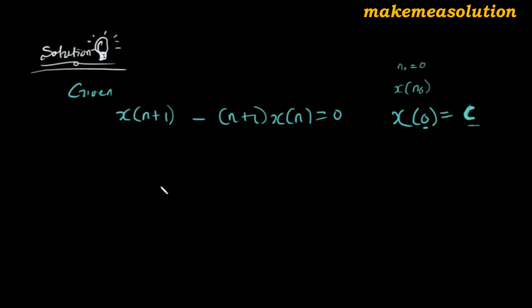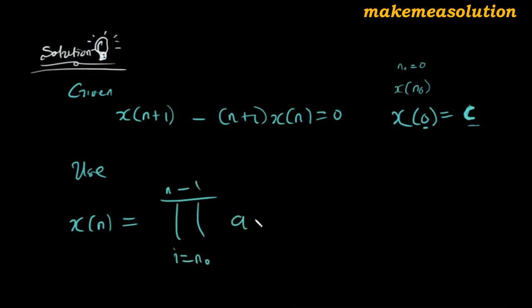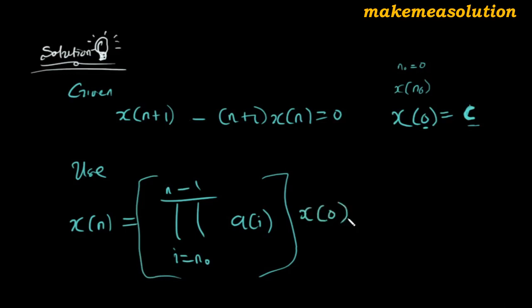So if I have a difference equation like this, I'm going to use my x of n, that's the general solution, is the product from i equal to n naught to n minus 1 of a of i, then all this is multiplied by what? My x of 0. Oh, sorry, let me not generalize, x of n naught. So this is the formula that I'm going to use.